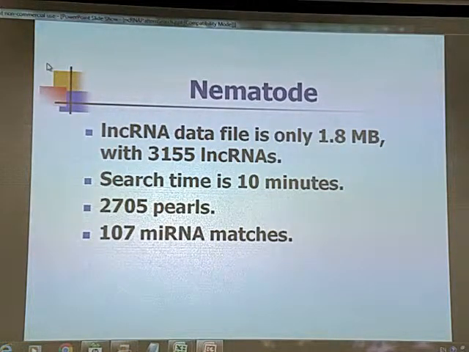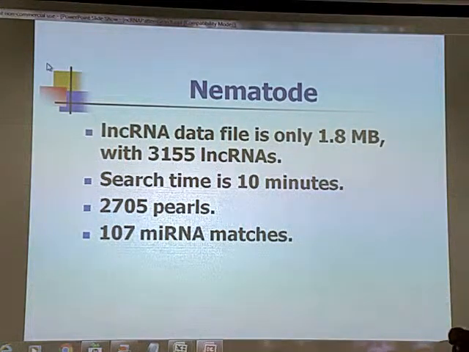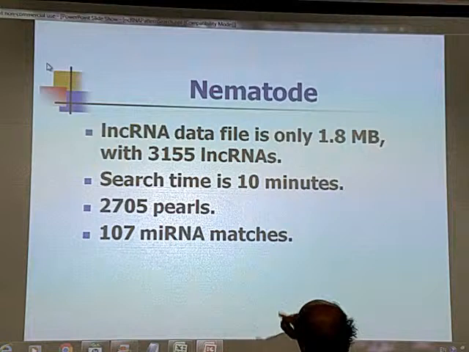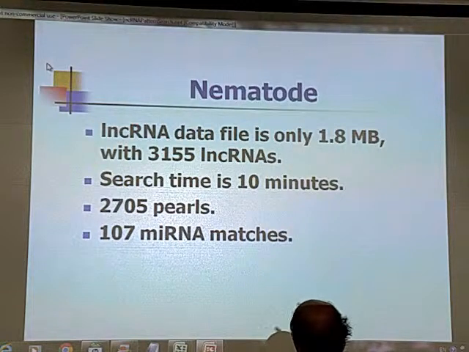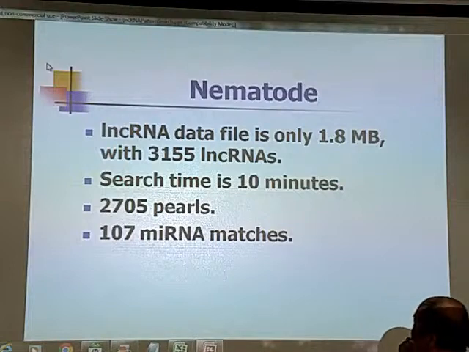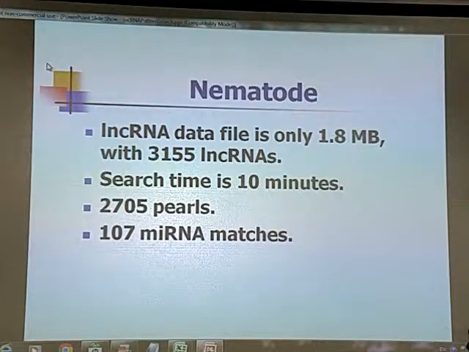Okay, in the nematode, the data file is only 1.8 million bytes, so I can just analyze in one chunk. And the nematode has 3,000 linear long non-coding RNAs. And the search time is, I think, 5 minutes, less than 10 minutes.